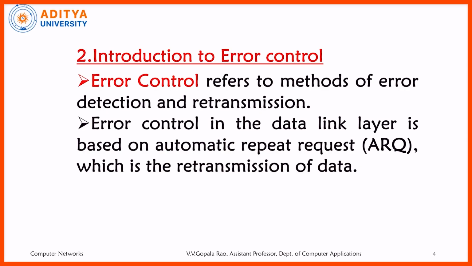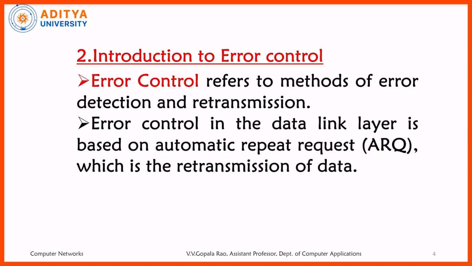That is why, for error control, the very important step that we follow is acknowledgement. Based on the acknowledgement only, the sender will decide how many frames are to be retransmitted, and how the frames can be placed.